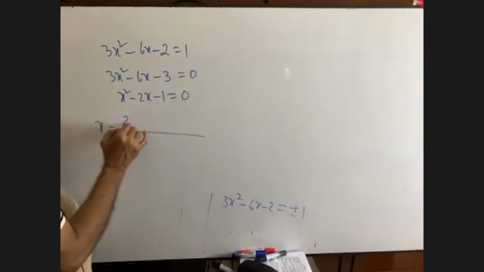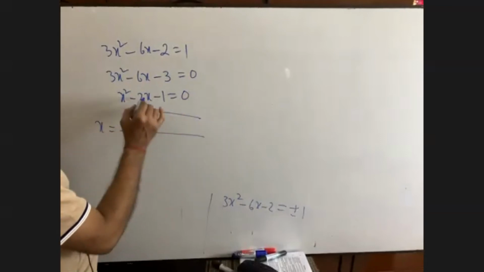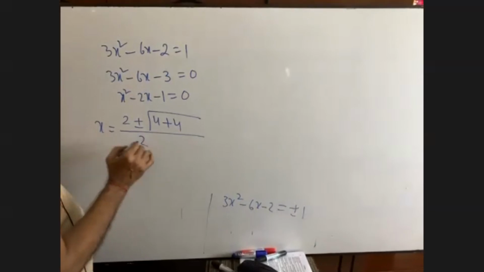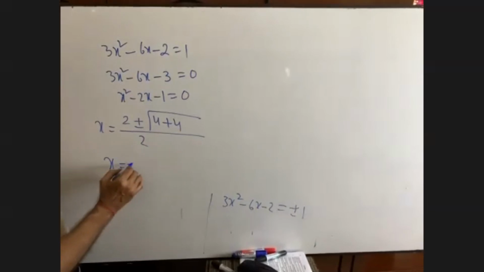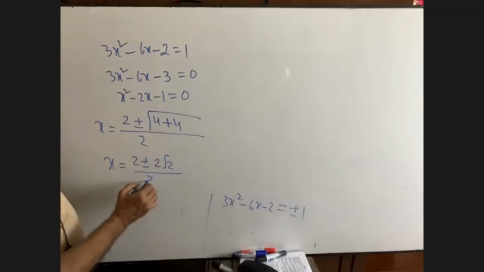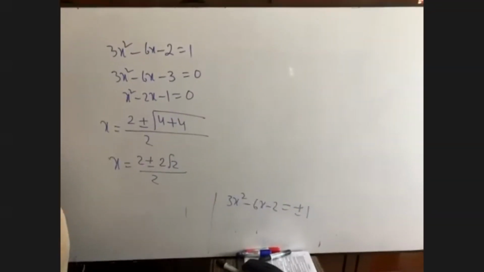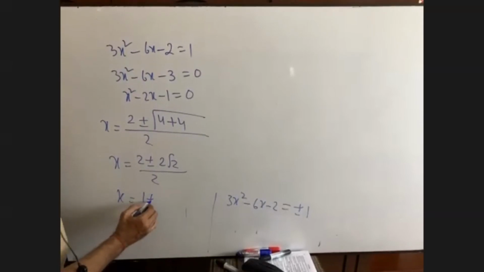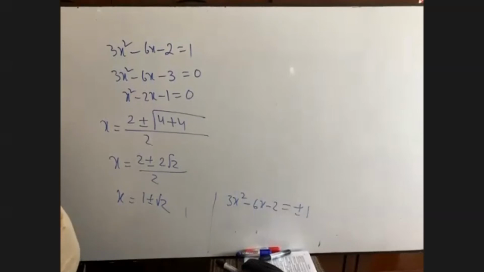Minus b plus minus root over b square minus 4ac by 2. So x equals to 2 plus minus 2 root 2 by 2. So we are getting x equals to 1 plus minus root 2. Okay.